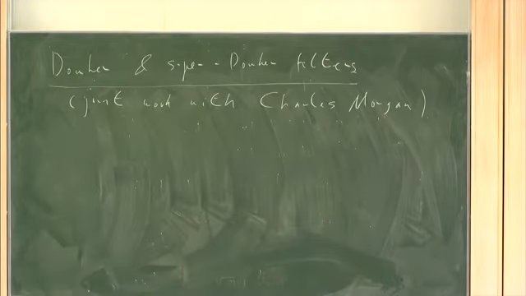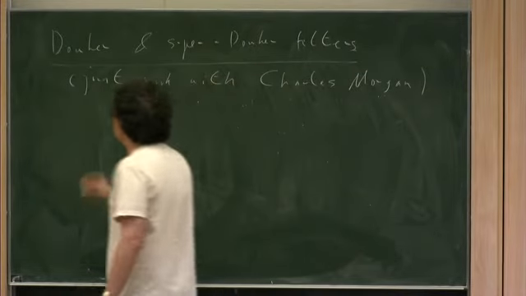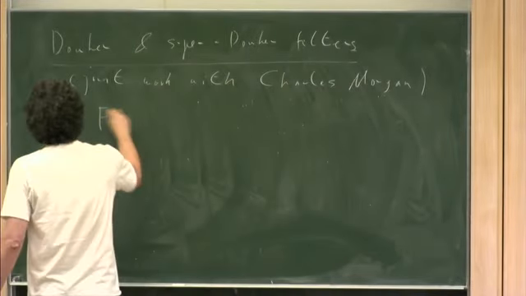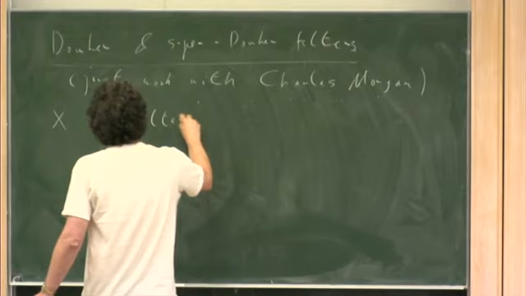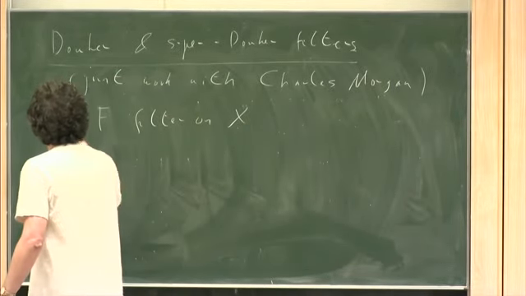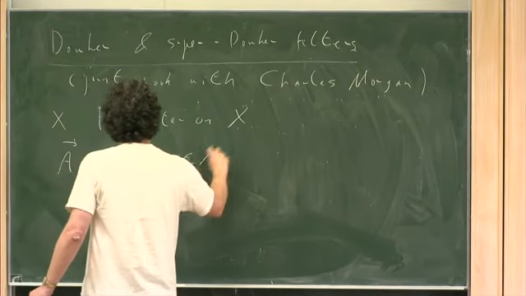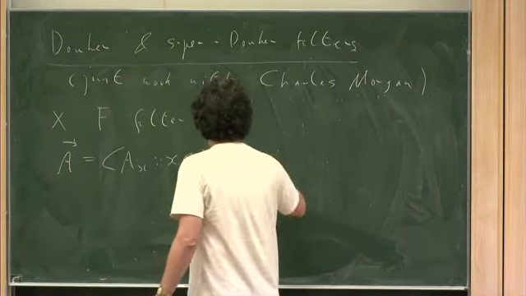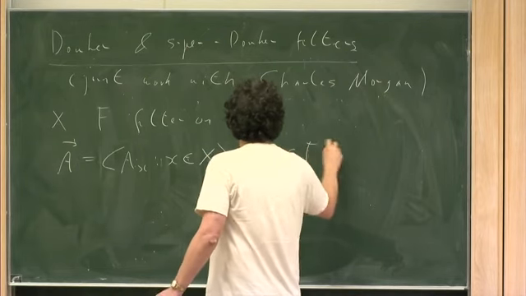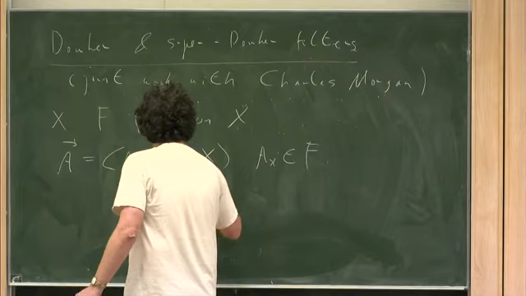Right, so we're going to start off with just some structureless underlying set X, and we're going to have a filter on X, and we're going to be interested in sequences of subsets of X indexed by elements of X, and we'll call those F sequences.